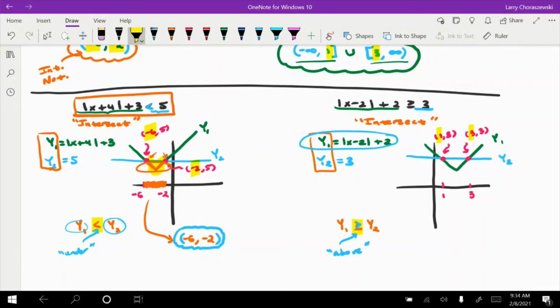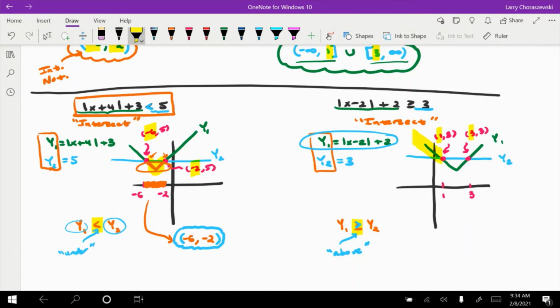And we're looking for parts of the graph of y1 that are above the graph of y2. Let's look at this first point of intersection, 1, 3. To the left of this point, we're seeing green above blue, and that would be a piece of the graph of y1 that's above the graph of y2. Let me go ahead and highlight that for you.